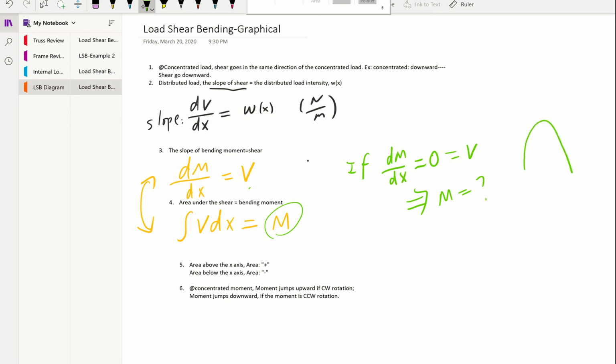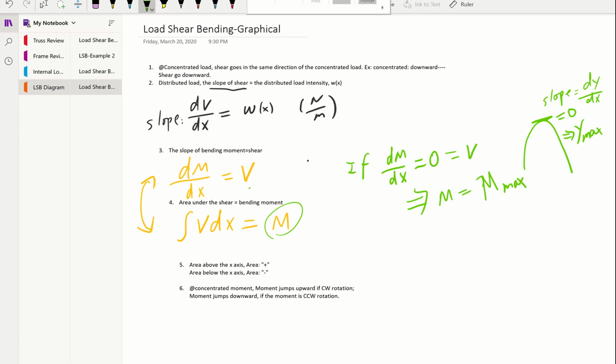If you have a curve here, what is the slope at the peak? Slope is 0. If the slope is equal to 0 for dy over dx, what does that mean? You reach the maximum value of y. So translated here, your M is at its maximum of bending.